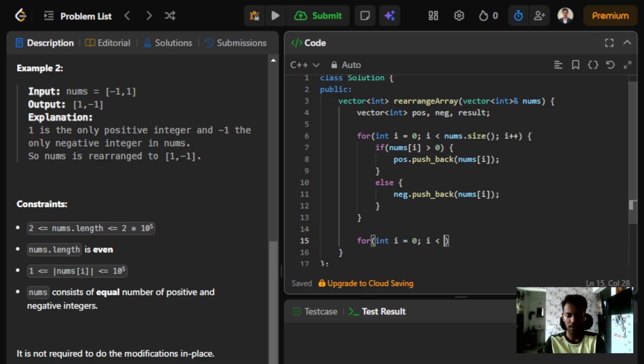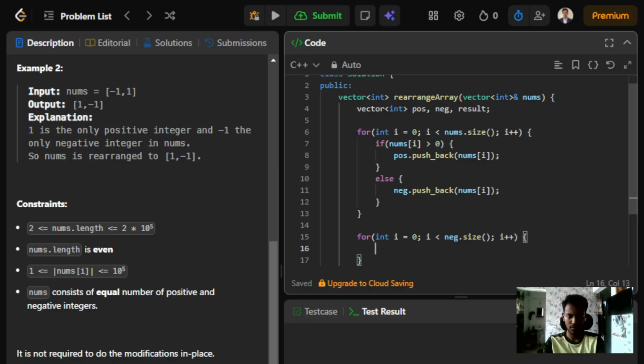Alright, i less than the size. As the size of both the arrays is same, I can iterate on any one. I just have to increment i the number of times the elements are present.